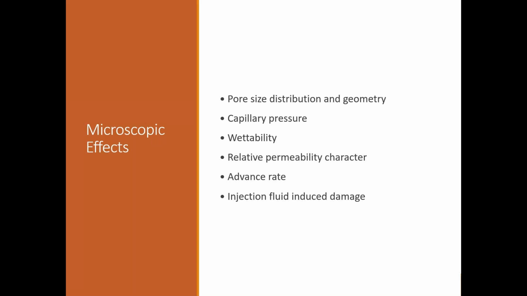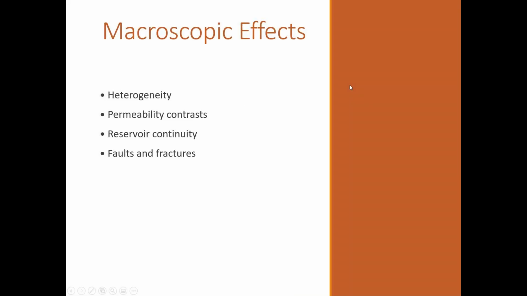The less the grain diameter is, the higher the capillary pressure will be built and your transition zone will be more. Then wettability, relative permeability character, and injection fluid induced damage. So all these things are dealt with on a pore scale, and these on a reservoir scale.